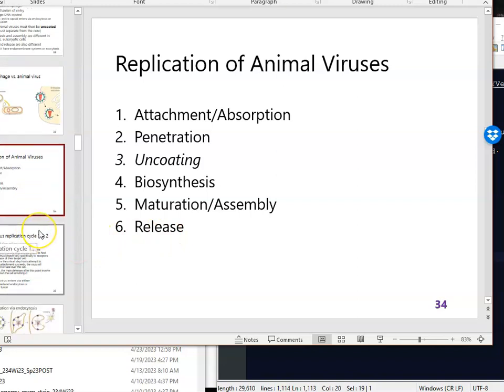So that's something. So again, the thing here is to think about what controls or what causes differences in replication cycles. Why is there an uncoating step in animal viruses? What is the effect of the envelope on how a virion penetrates a host cell?